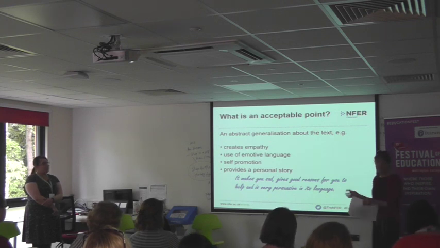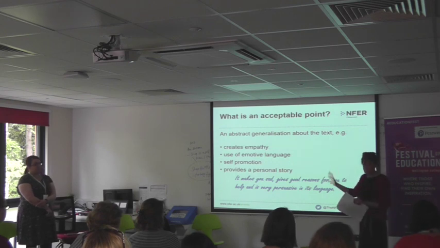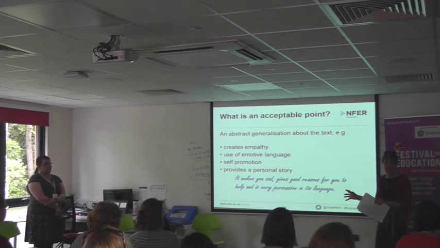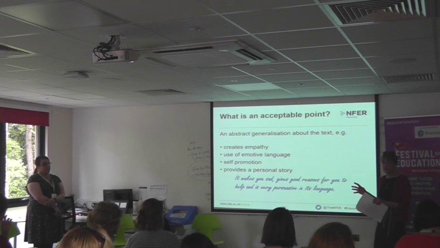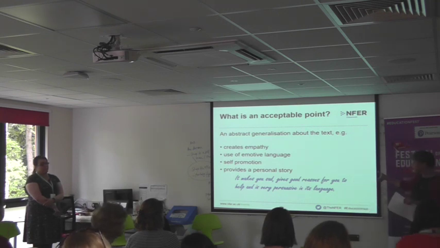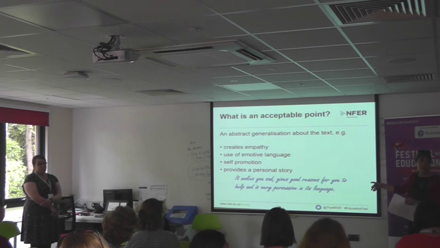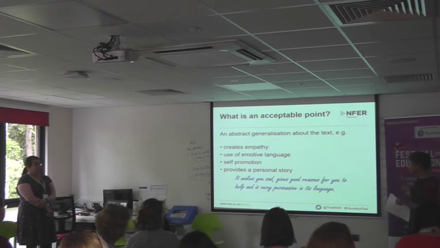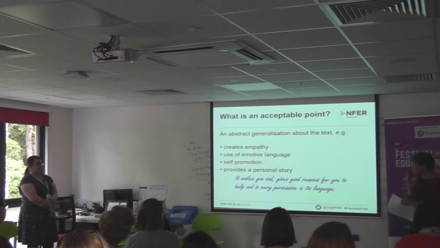So, as you can see, even though it all sounds very sophisticated and very adult, Year 6 children can do this. And at the bottom, I've put an example of a genuine Year 6 answer. A child who's actually able to cover 3 acceptable points in just 2 lines. It makes you sad, it gives you good reasons to help, and is very persuasive in its language.